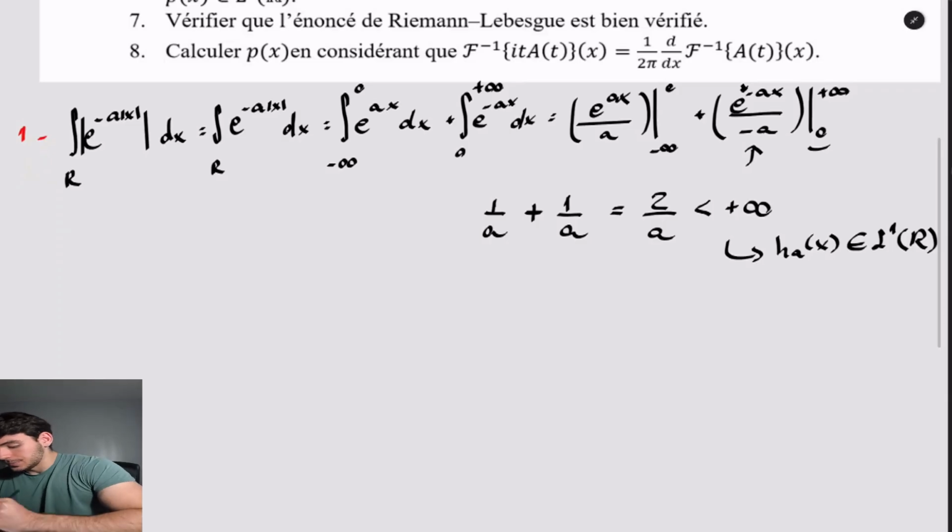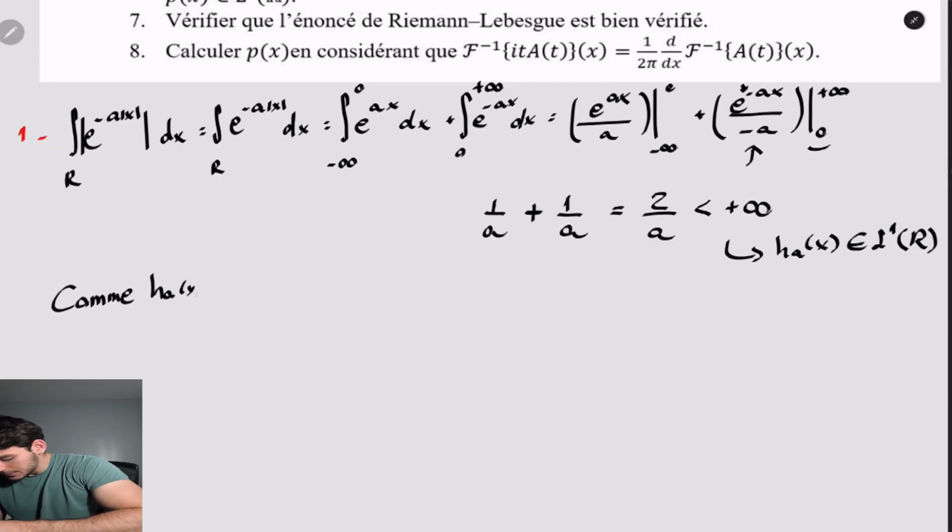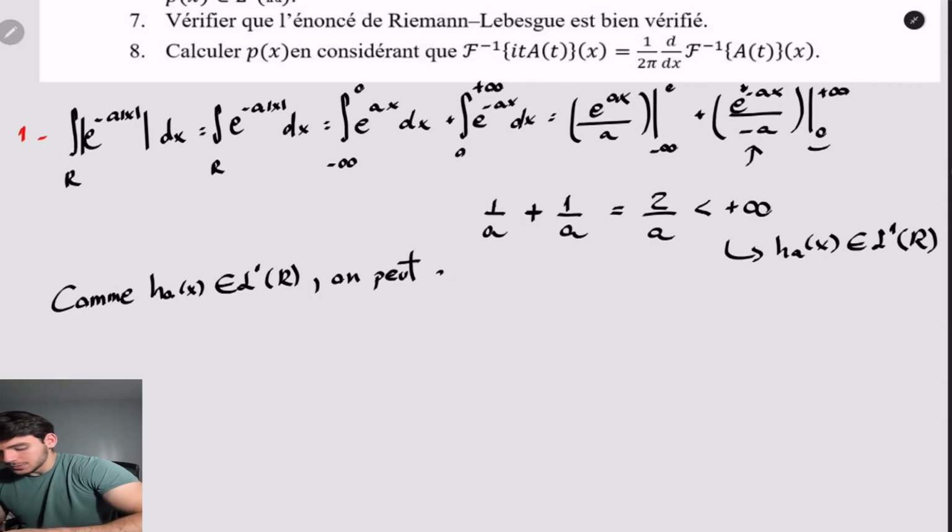Okay, so since our function belongs to L1, it means that we can calculate the Fourier transform.